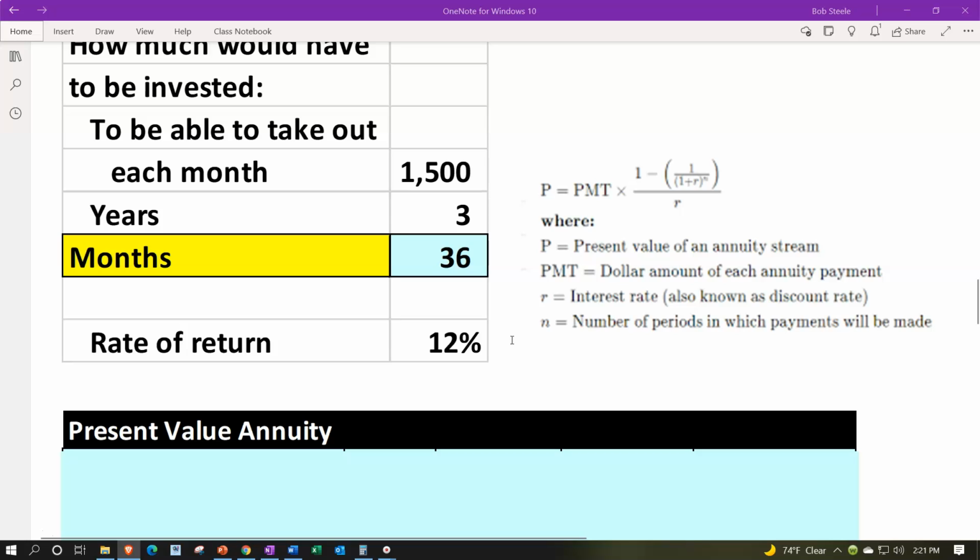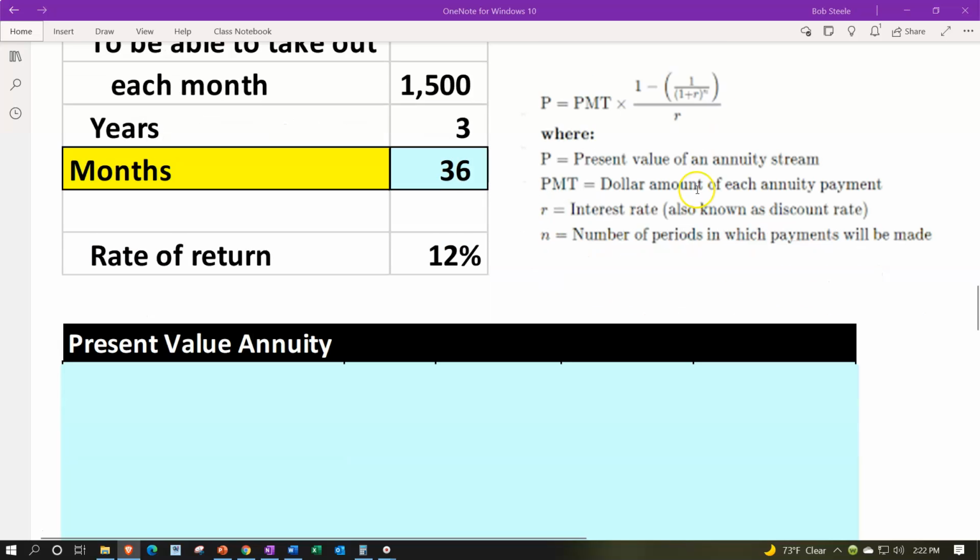It would be 12% divided by 12, or 1%, the monthly rate, to the power of n, number of periods, not years, not 3, but 3 times 12, or monthly periods of 36, divided by R, which, again, is not 12, but 12 divided by 12 to get the monthly rate of the 1%, making sure that whatever R is, it needs to match the same period, the rate per period, as the period is, meaning n, the period that the period is in, months, years, semi-years, and so on.